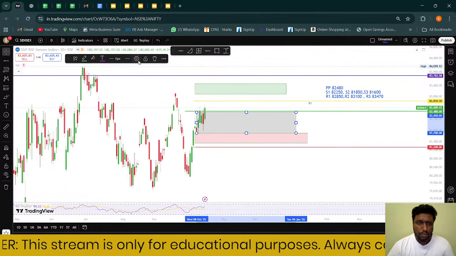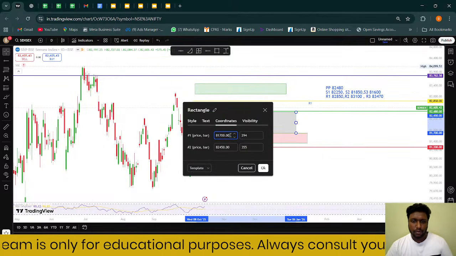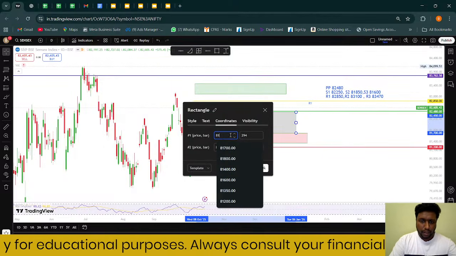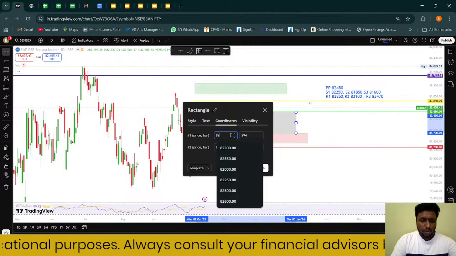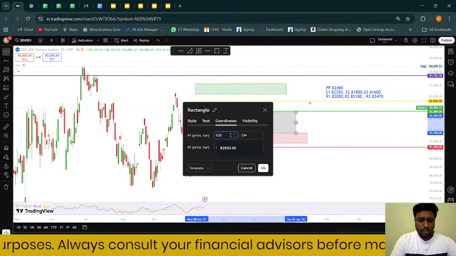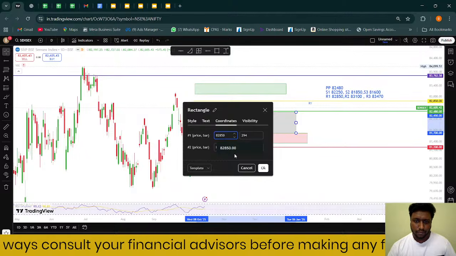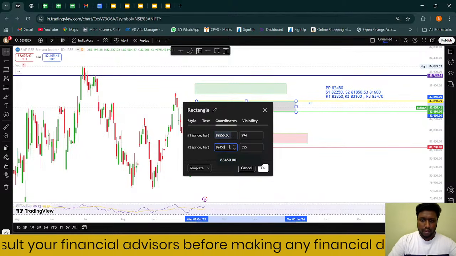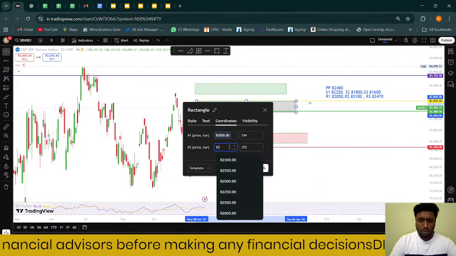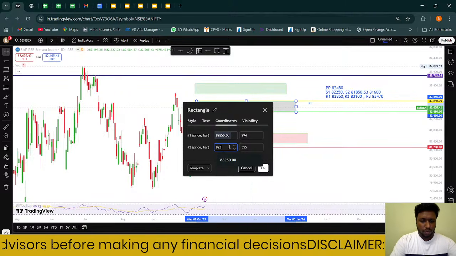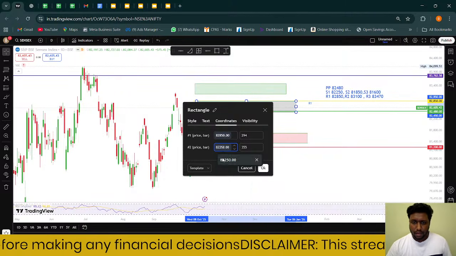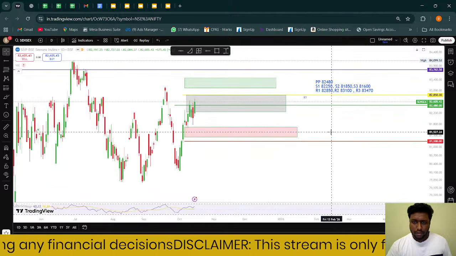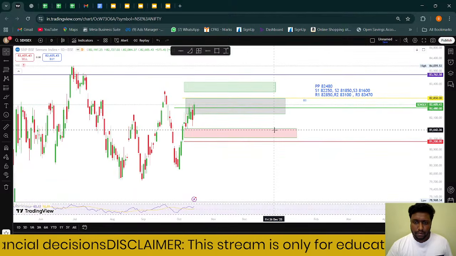Let's go on to the range bound zone. Range bound will usually be between R1 and S1. 82,850 is R1 and S1 is at 82,250. So this will be the range bound zone.